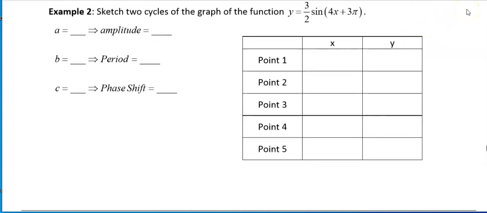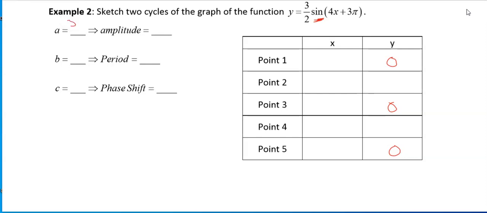Now remember, this is a sine. Notice that carefully. If this was cosine, the y values are different. You'll see that when we start graphing a cosine function. But the first, the third, and the fifth y values are going to be 0, and that's true every time it's sine. The a value, the number in front of sine, is 3 over 2.